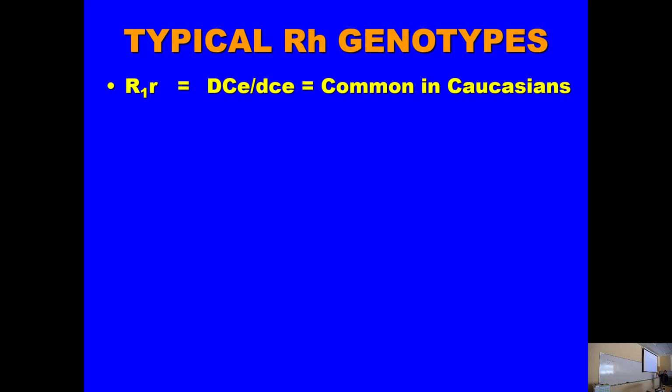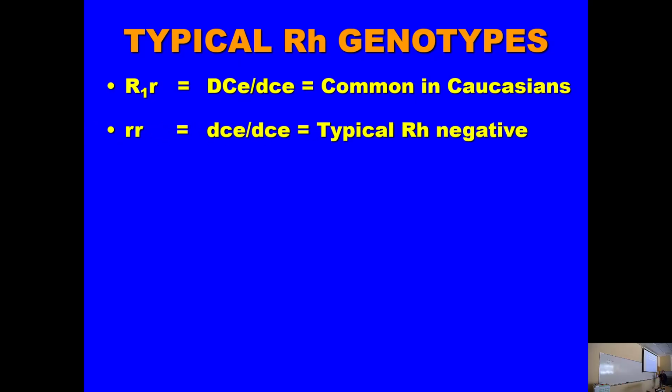I look at that and I know it means that. This is the most common in Caucasians. Little r is little d, little c, little e, typical Rh negative. So you see that we have one shorthand for each of the groups of 3.